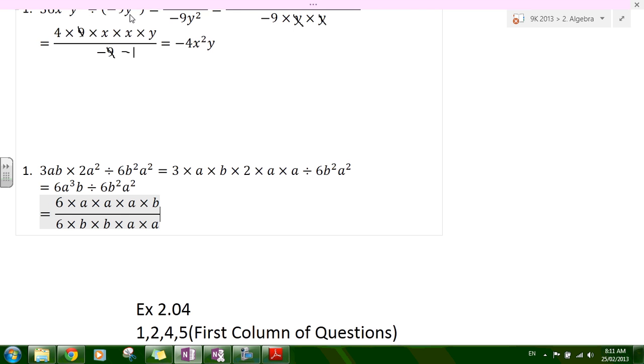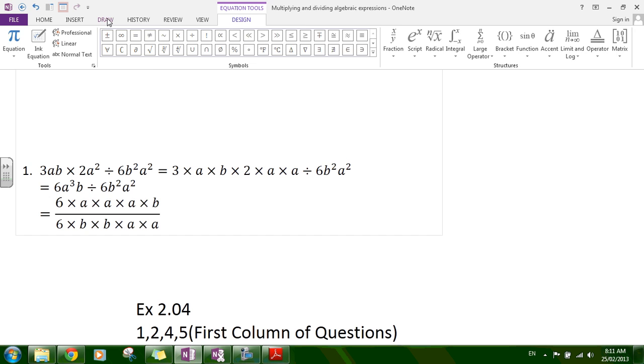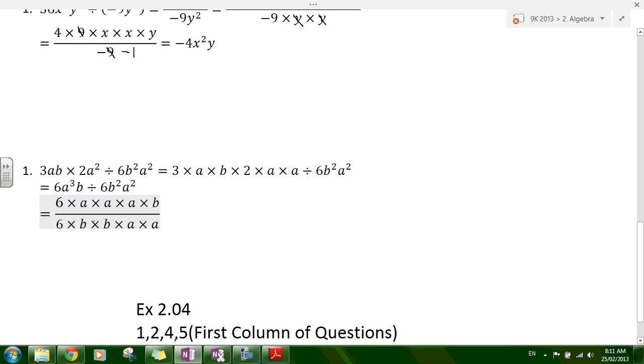Now if we have a look carefully, we're going to see what's going to cancel out. The 6 divided by the 6, that cancels. And then a b cancels with a b. Then a divided by a, and another a divided by a, that's 1.